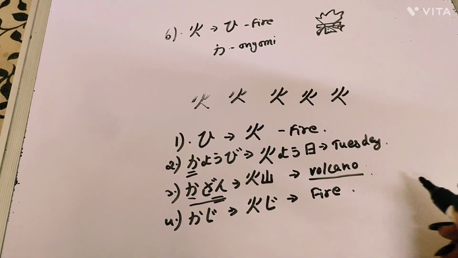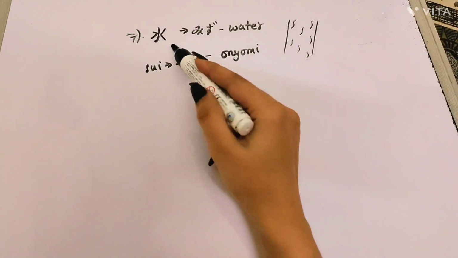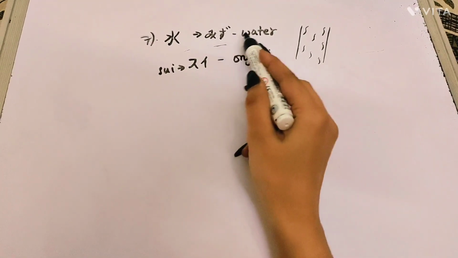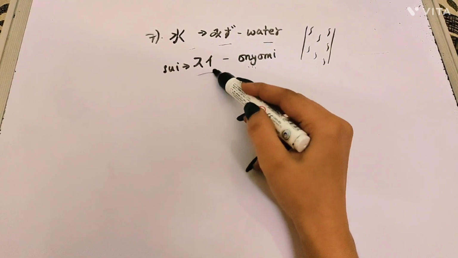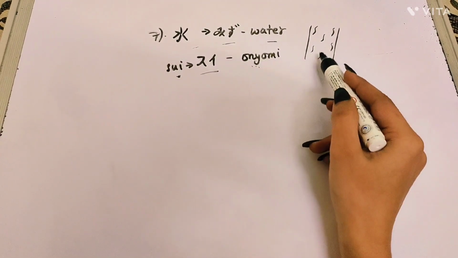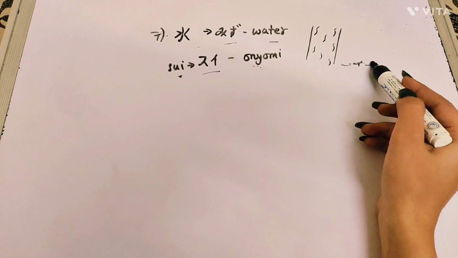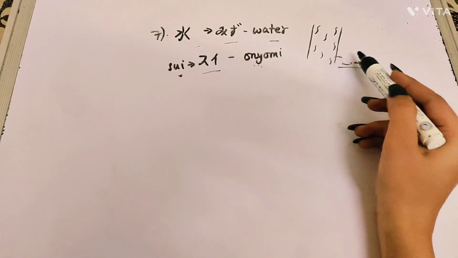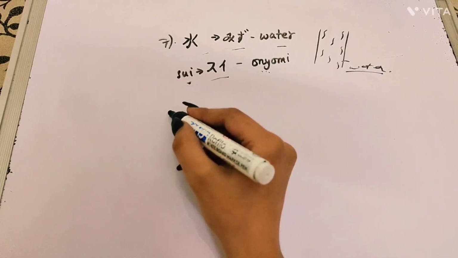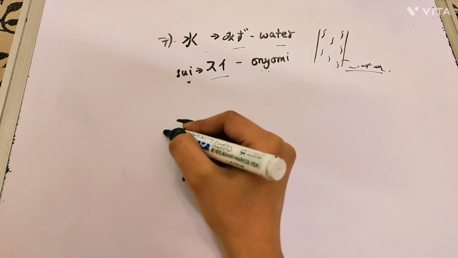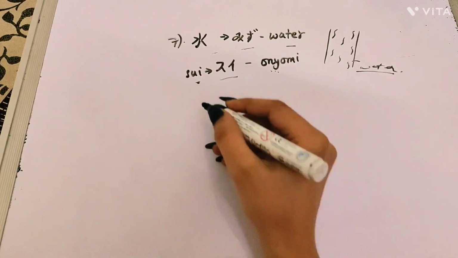Our next kanji is mizu. Mizu is water. You can see the drawing of water. The onyomi of mizu is sui. Now let's draw the kanji, or the sketch.